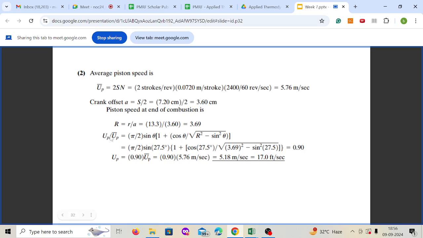The piston speed divided by the average piston speed is pi by 2 times sin theta times 1 plus cos theta divided by the root of R squared minus sine squared theta.